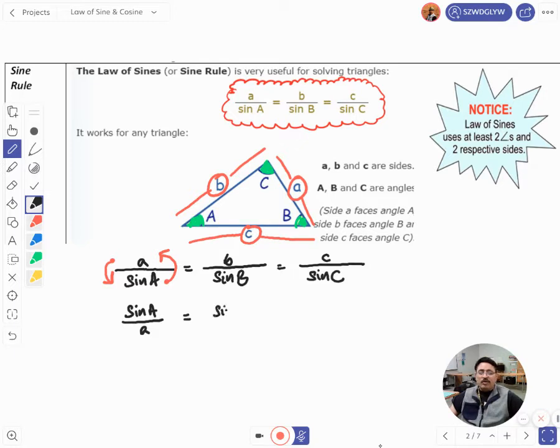Likewise, you may take sine B. Please notice that I am switching numerator and denominator in all three fractions: sine C over c. So you may make use of this technique while solving problems. Maybe I'll try to give one or two examples.